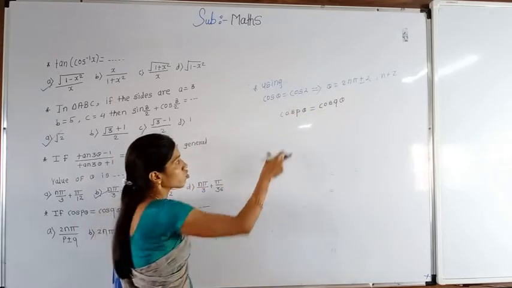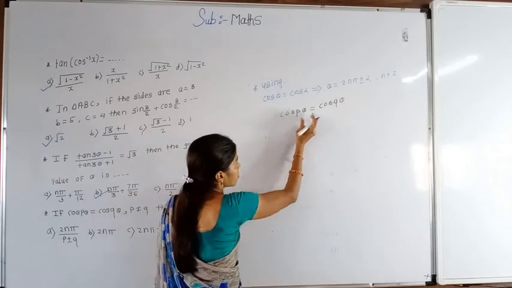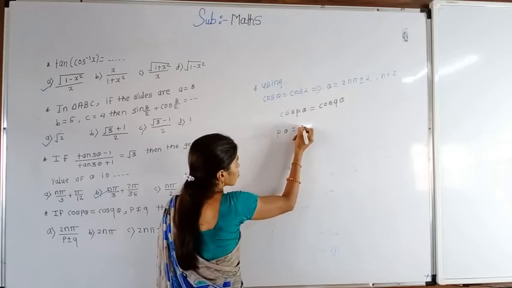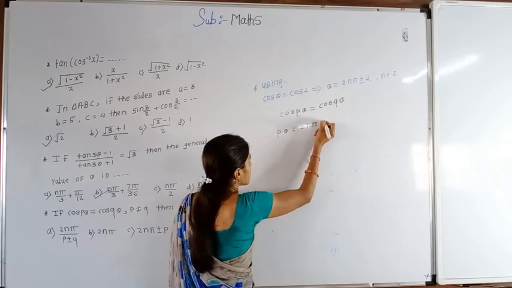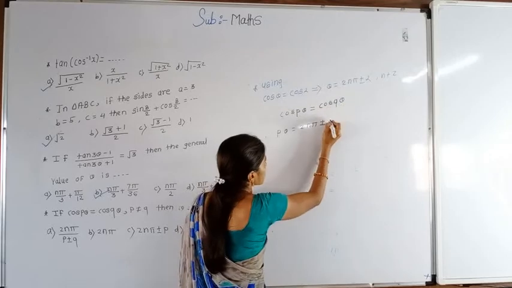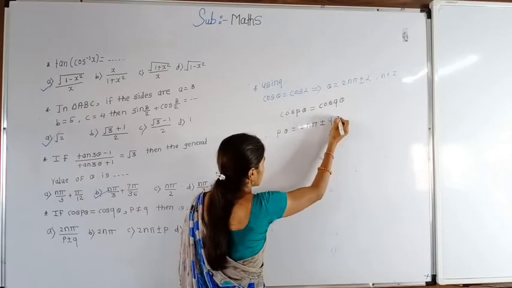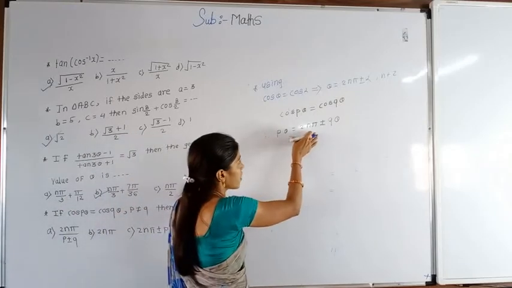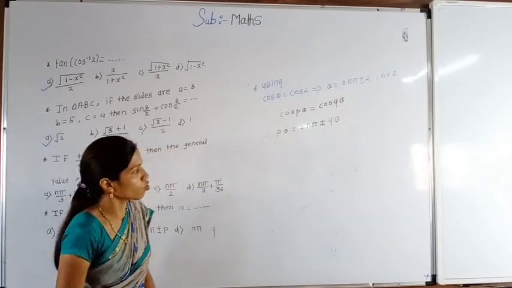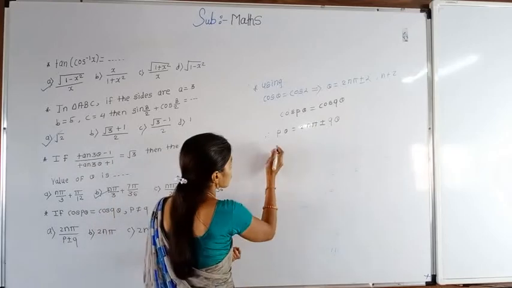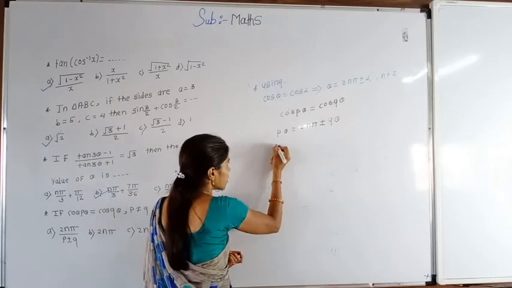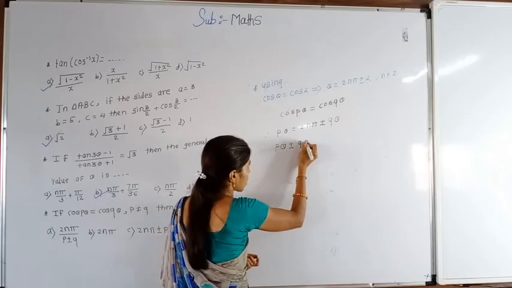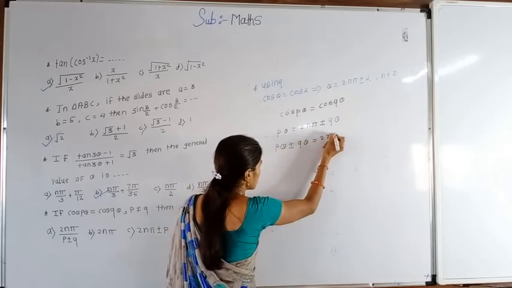So the general solution of this equation, we can write p theta is equal to, take 2n pi as it is, plus minus, where the value of alpha is q theta. So first of all simplify this equation and then find out the value of theta. All theta terms transform to the left hand side. We can write p theta plus minus q theta is equal to 2n pi.